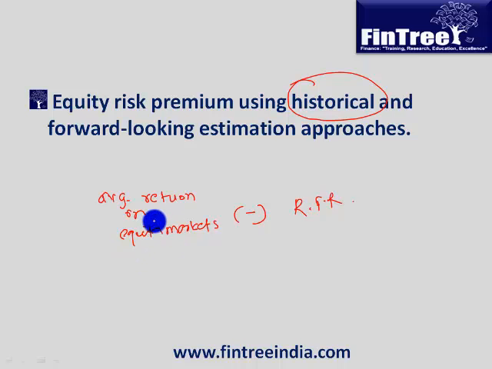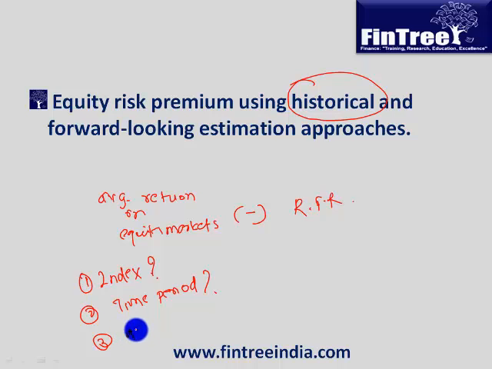Now there are multiple questions that would concern me when I'm trying to do this. When I calculate average return on equity markets, number one, what type of index do I use? Number two, what is the time period that I should consider? Number three, what is the type of average or mean that I should calculate?